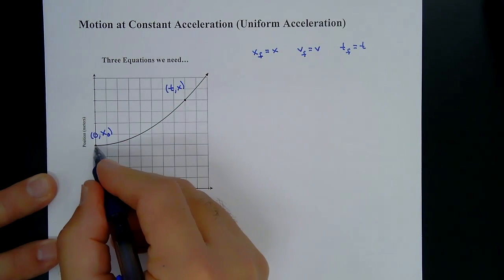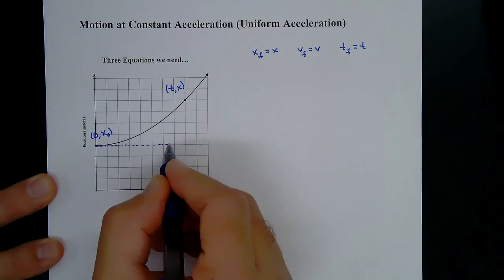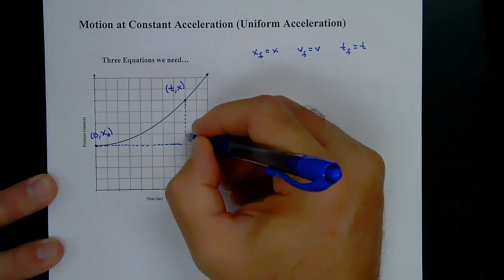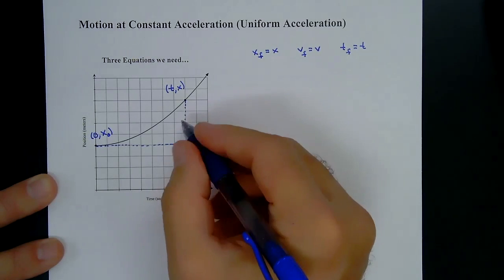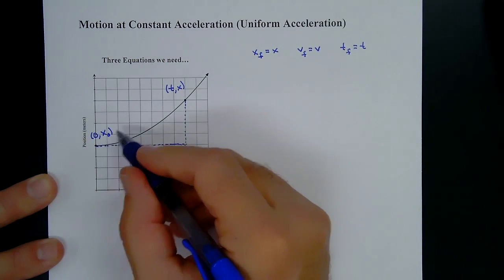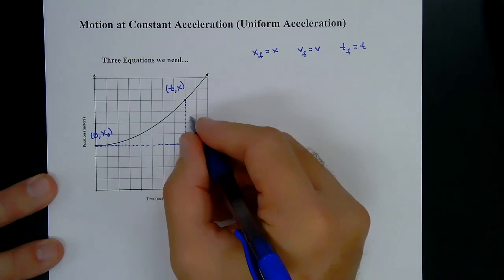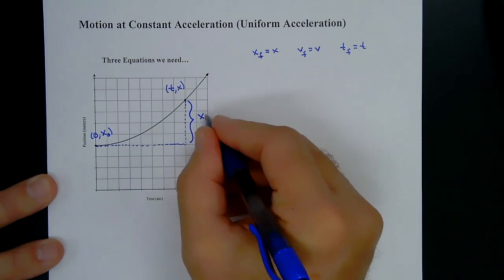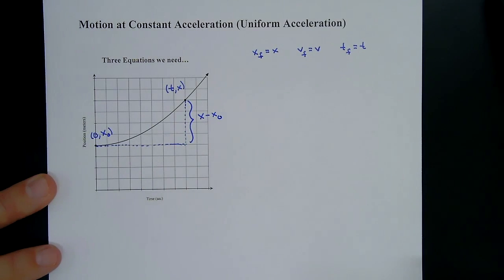All right, so what we're going to do is figure out the slope of this, because if you find the slope between 2 points on a position time graph, what you get is the average velocity, okay? So this vertical change, we went from x sub o to x. So this change is x minus x sub o for the original, okay?